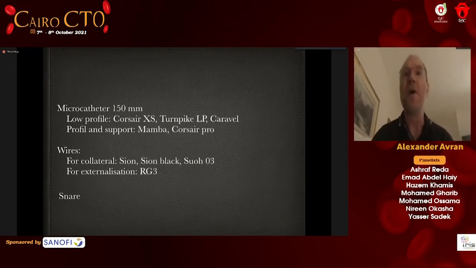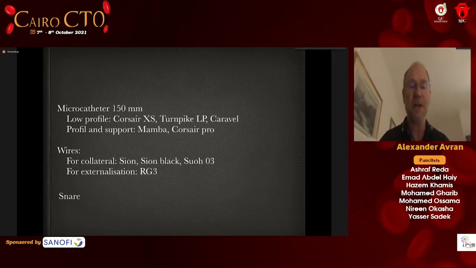For the wire, you have your antegrade wire already, but you need a little bit different kind of wire. So for crossing the collaterals, you need Sion or Sion Black. In difficult situation or epicardial collateral crossing, you need the SU003.